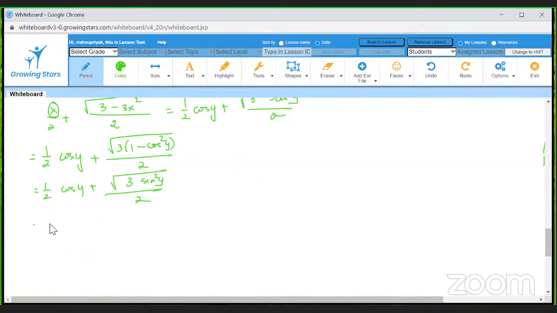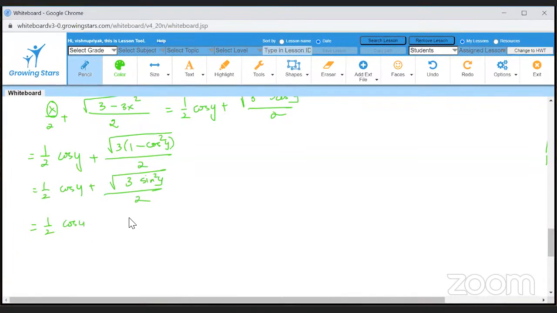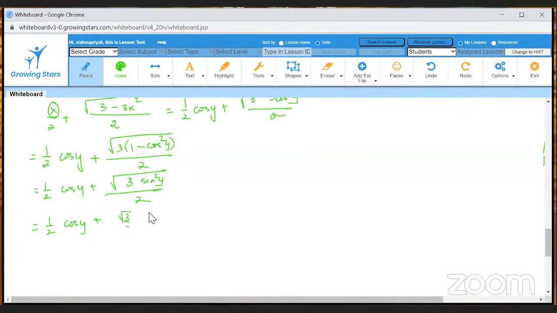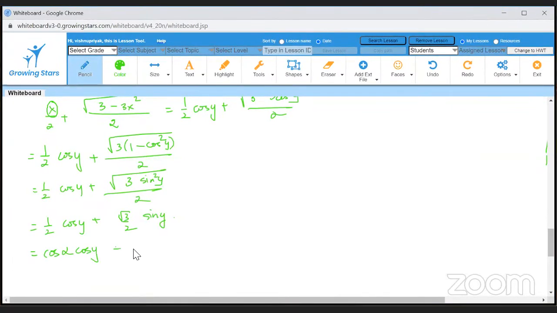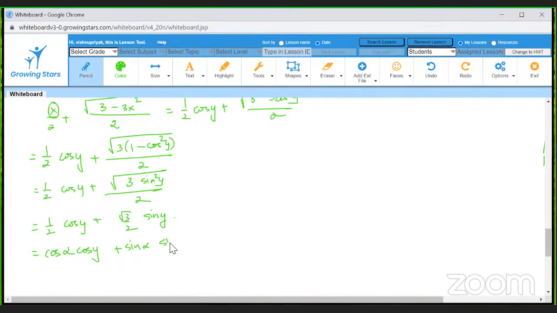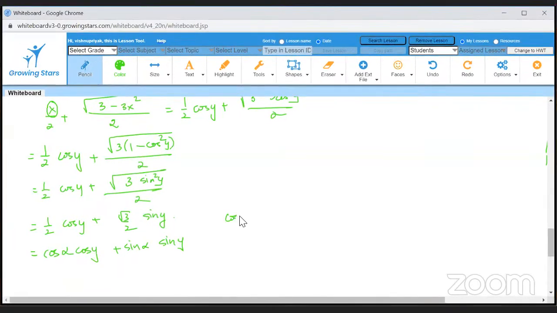Or this you can write 1 by 2 cos y plus root 3 by 2 sin y. Which we can write as cos alpha cos y plus sin alpha sin y, where cos alpha I am taking for 1 by 2, sin alpha I am taking for root 3 by 2.